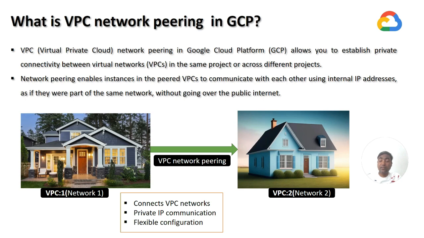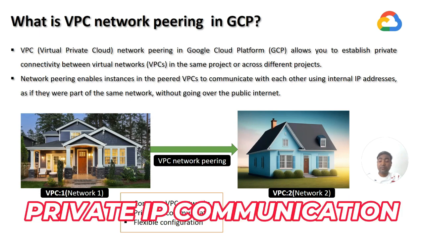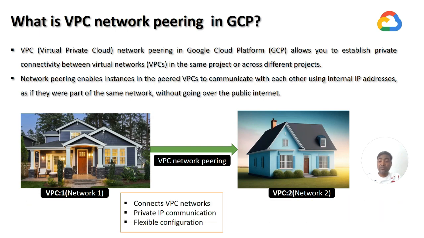You know guys, some important points of VPC network peering are: connect VPC networks, private IP communication, and flexible configuration. VPC network peering enables private communication between resources in two separate VPC networks, regardless of whether they are in the same project, organization, or even a different organization.